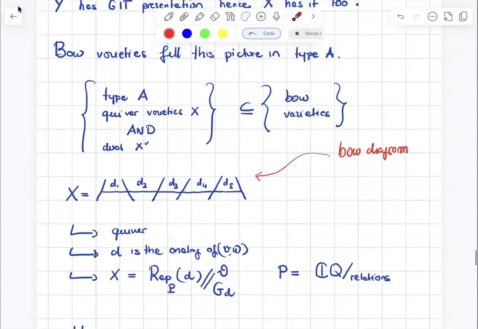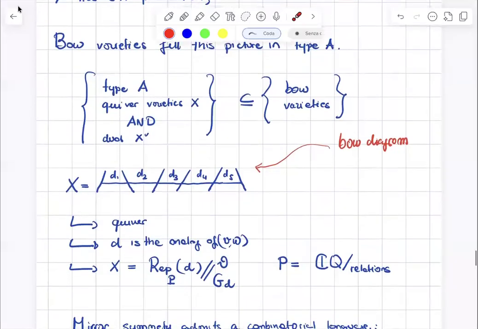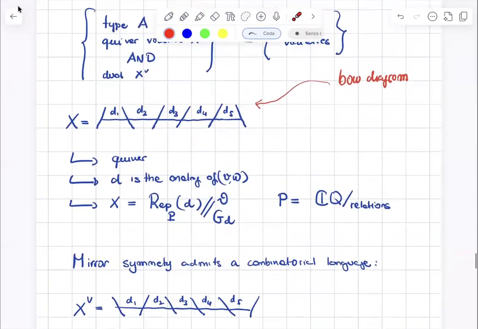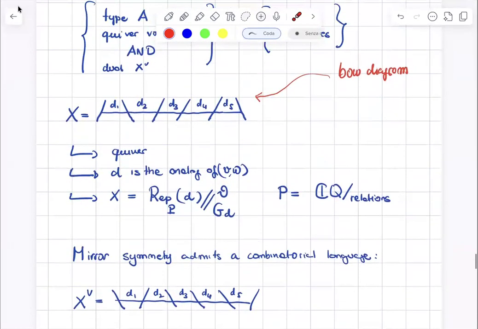But yes, so we have a theorem in type A, and so we can relate the curve counts of any quiver gauge theory in finite type A. And maybe let's also point out that the combinatorics of the bow variety lets us have a very efficient combinatorial way of describing the duals.